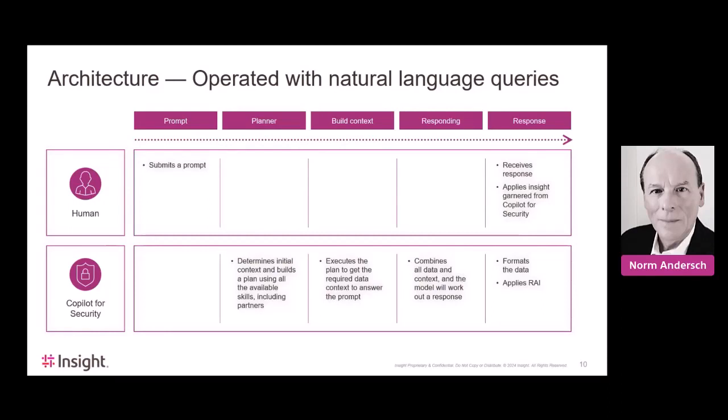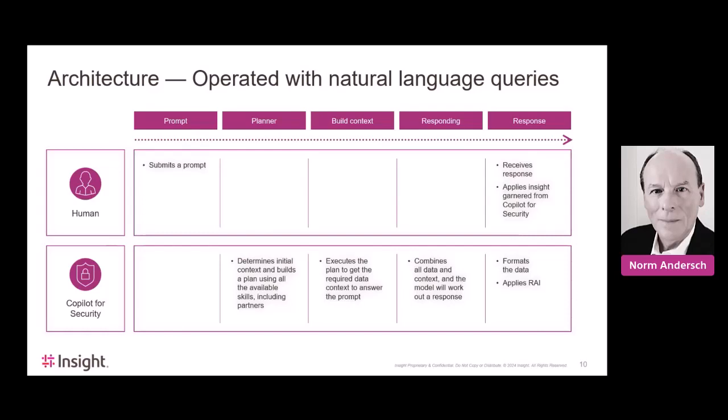So what Copilot's doing here in the planner is building a plan of all the available skills, including any third-party partners, and starts to build up what it thinks it might need to satisfy a response for that prompt. It moves on into build context, where it goes out and does the heavy lifting to bring all that content together and start to build an answer for the prompt.